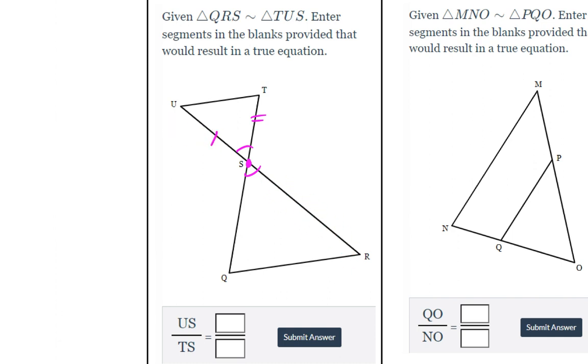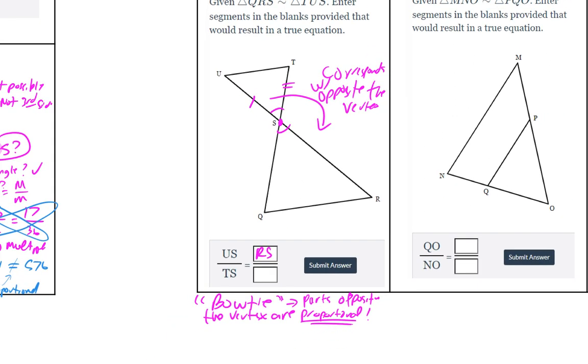And so this one corresponds with the one opposite the vertex. So what's opposite the vertex for this one? Opposite US would be RS. Right? What it's opposite, that would be RS.